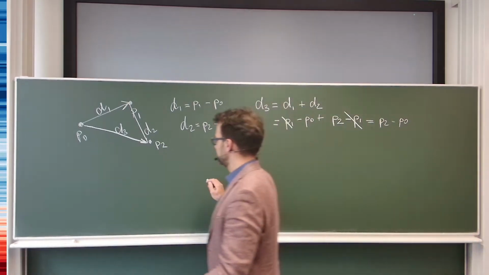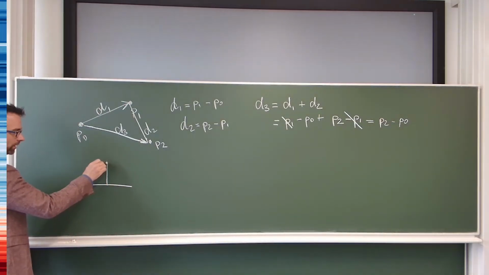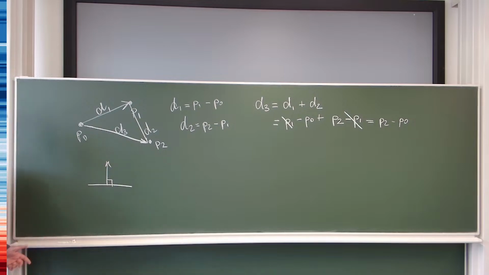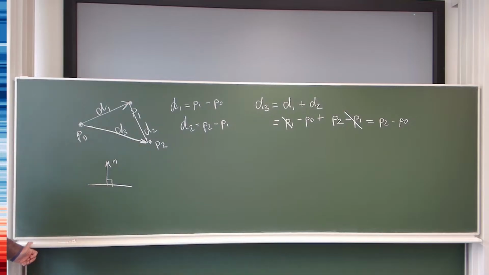The normal, once again: I have a surface with a vector pointing out of it at a 90-degree angle, and I would want to denote this as n, normal. A special vector being orthogonal to the surface.